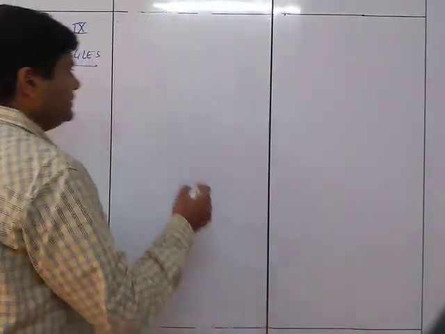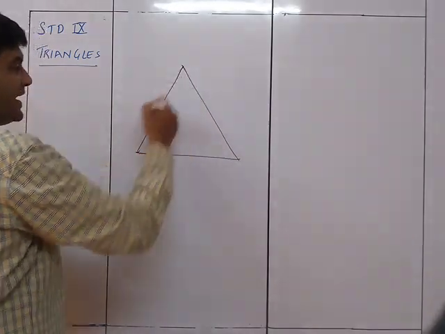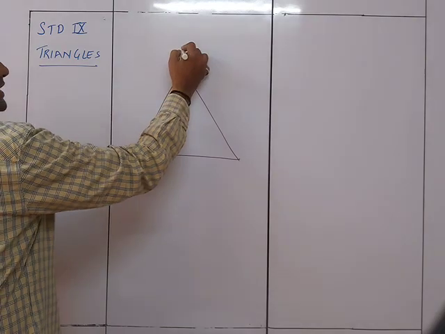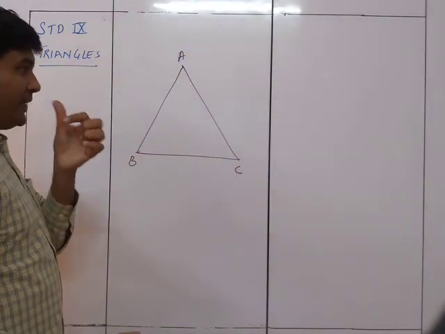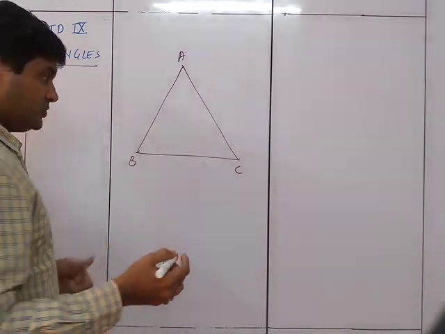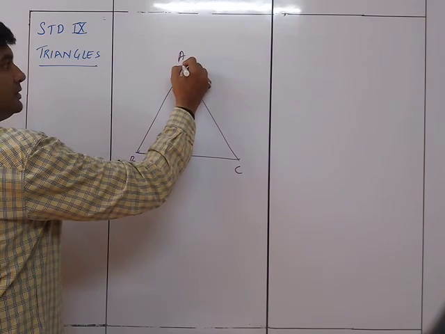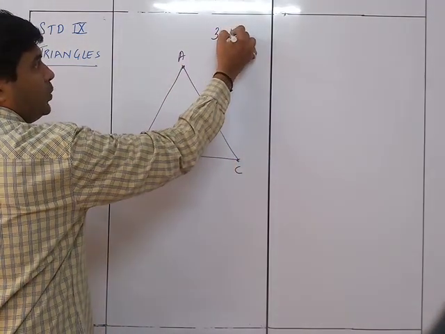So the triangle, if I see this as a triangle, then it's a three-sided closed figure which can be named as A, B and C. You can see that the triangle has got three different parts. One part is this part, 1, 2 and 3 are the three vertices.